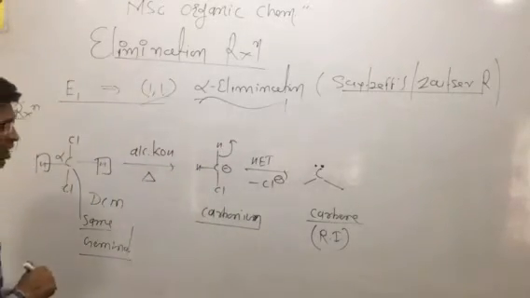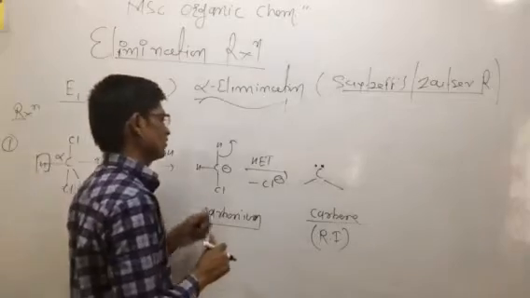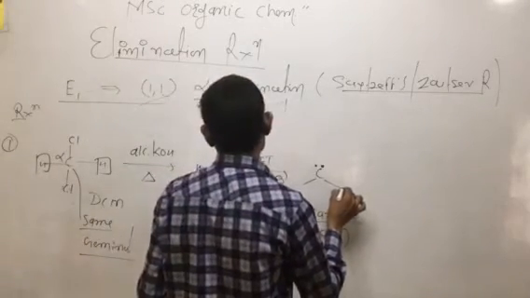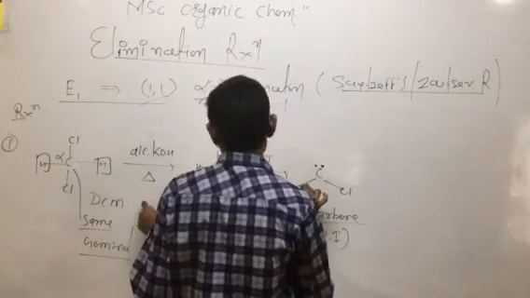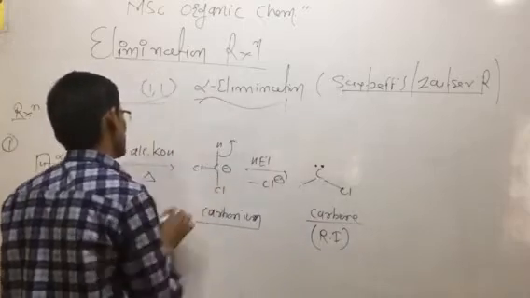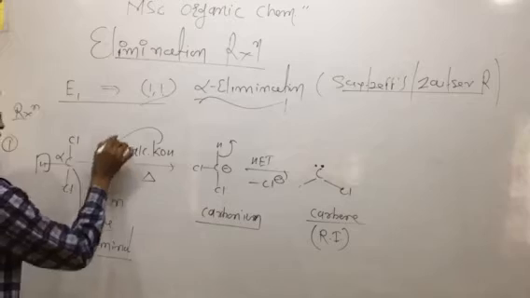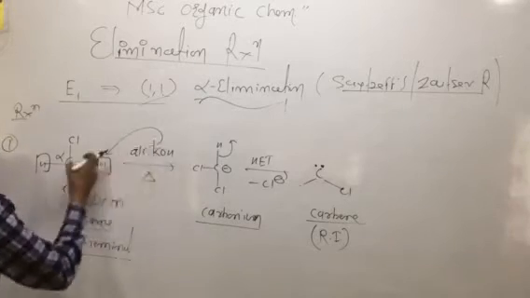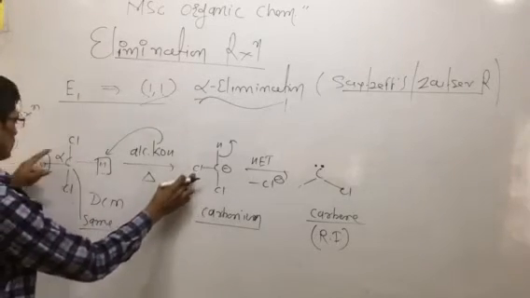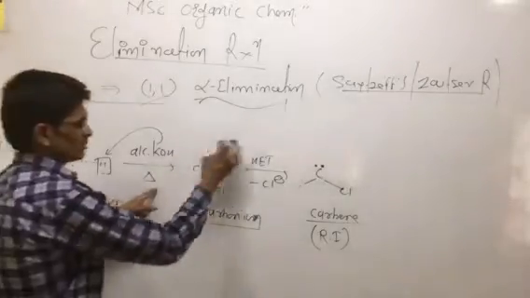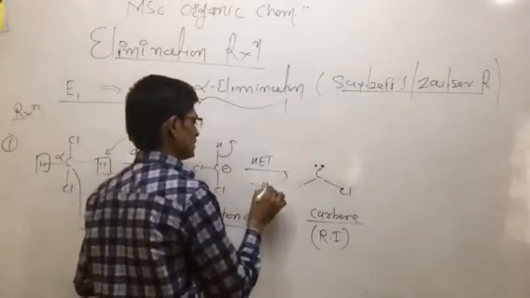The base has a tendency to take the proton, it is a proton acceptor. The remaining part is two chlorines and one hydrogen atom, again minus H plus.